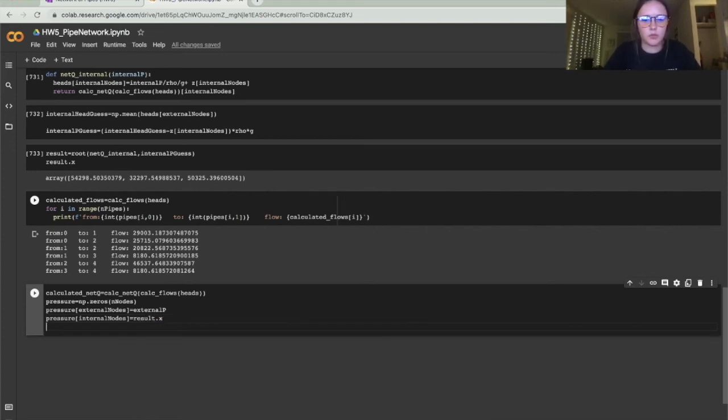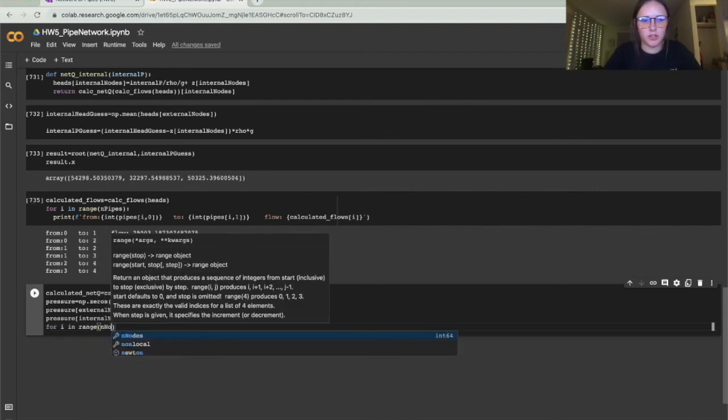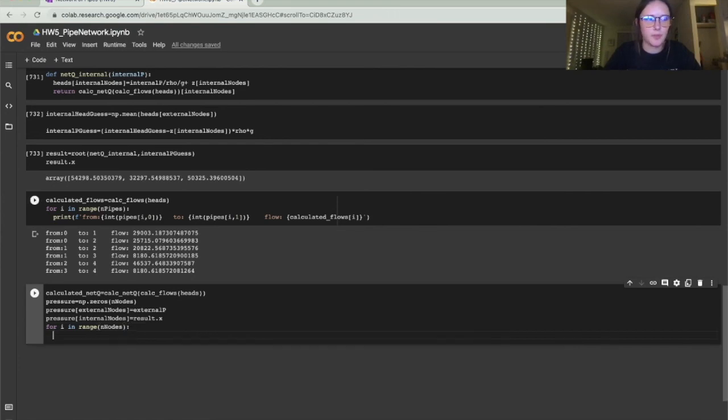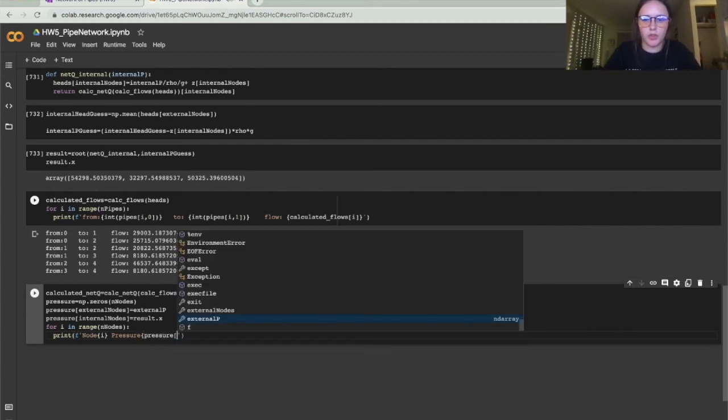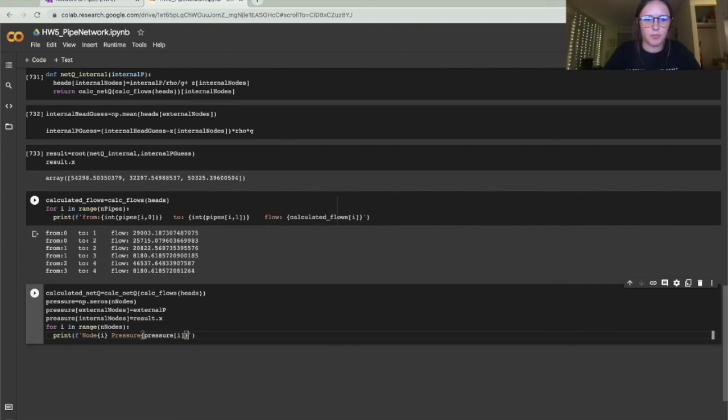And then now we will have our for loop for i in range of our n nodes, and we'll have print f node i pressure with i, z, which is the height.